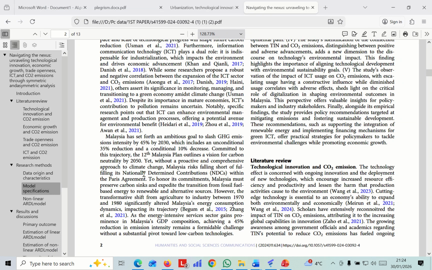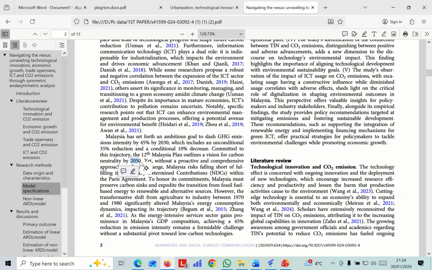Now, in the next paragraph, country-specific context. Here the author narrowed down the discussion to Malaysia. They explained Malaysia's commitments: a 45% reduction in greenhouse gas emission intensity by 2030, and carbon neutrality by 2050.